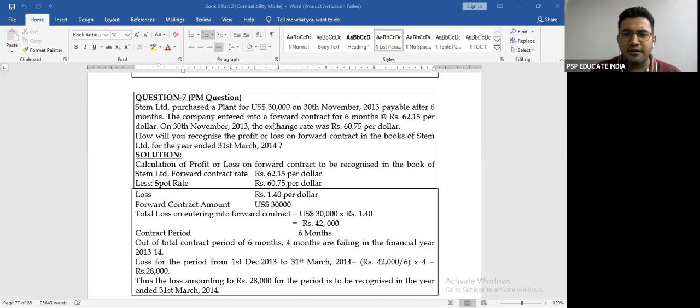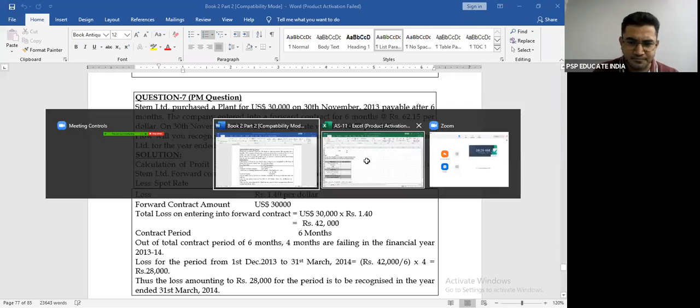The company entered into a forward contract for 6 months at 62.15 per dollar. On 30th November, the exchange rate was 60.75. How will you recognize the profit or loss on forward contract in the books of STEM Limited for the year ended 31st March 2015? Okay, let's try and solve this question.